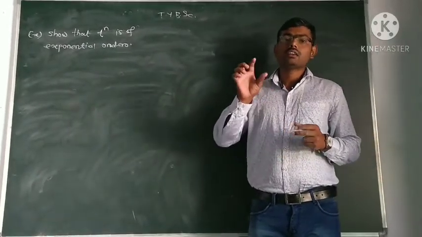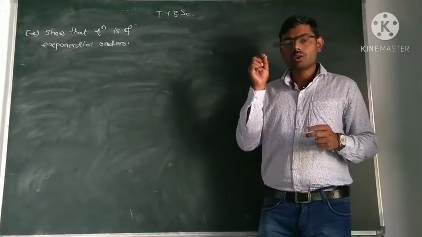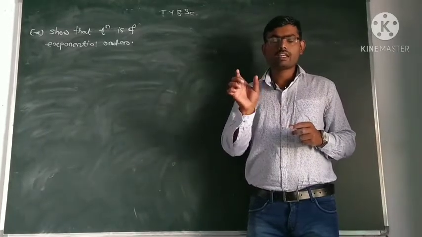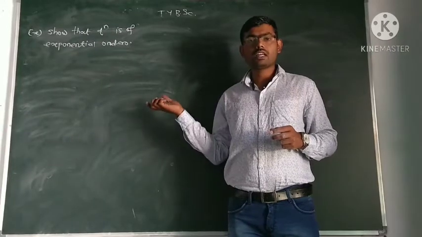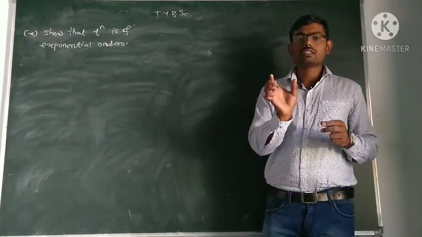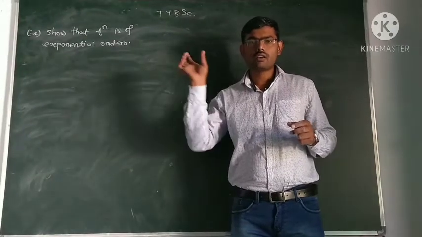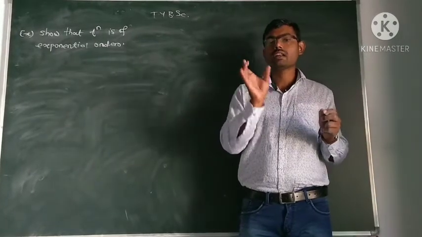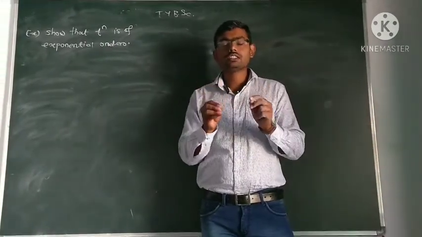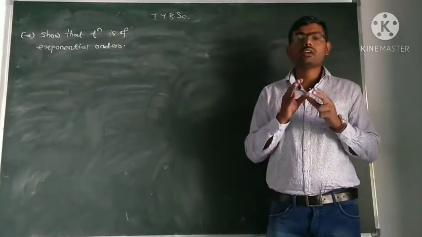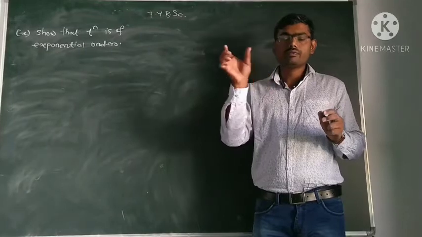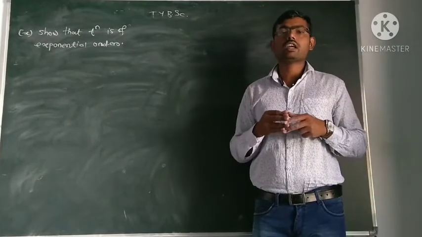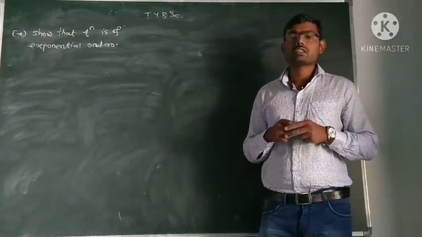Piecewise continuous means the function is continuous in some short open intervals, and open intervals means the end point is not included. So we don't have to care about the value of the function at the end point, but within the short interval the function never takes an infinite value, and at the end point also the function never takes an infinite value. That is one more property of piecewise continuous functions.